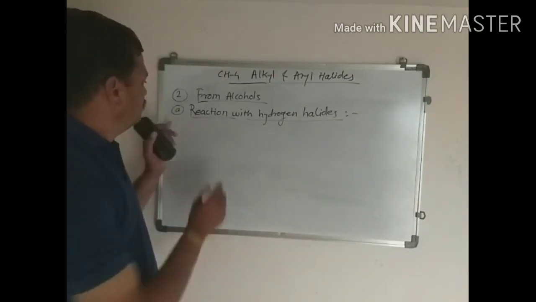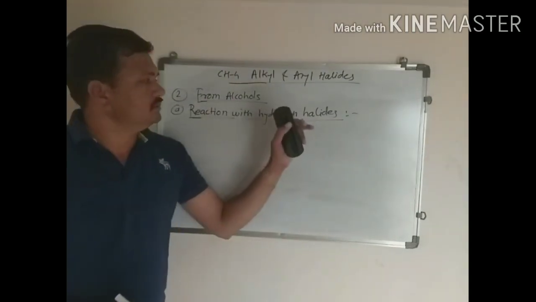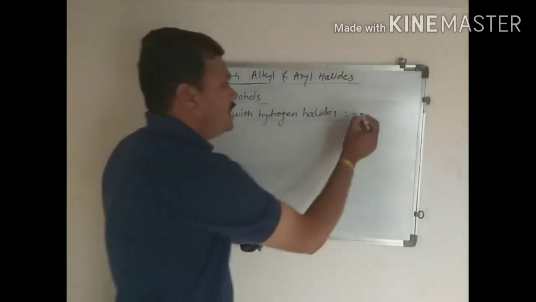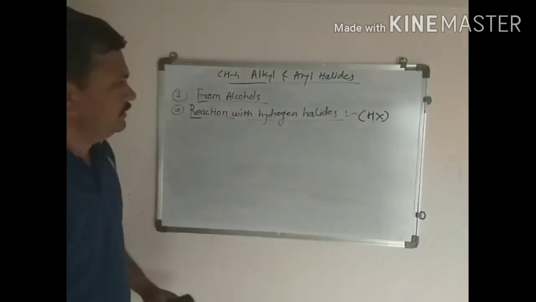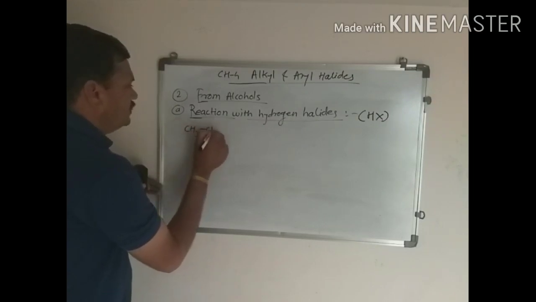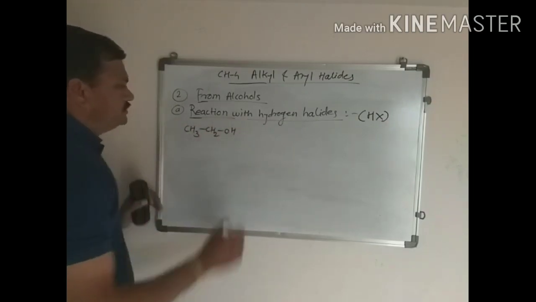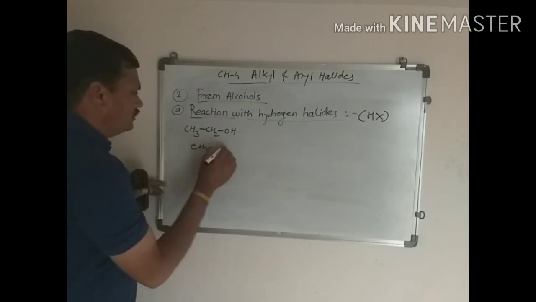When alcohols, in the first reaction, react with hydrogen halides, that means HX, they get converted into an alkyl halide. We will see the first example, CH3 CH2OH, alcohol, that means ethanol.